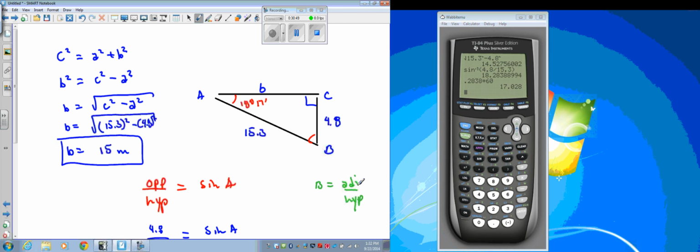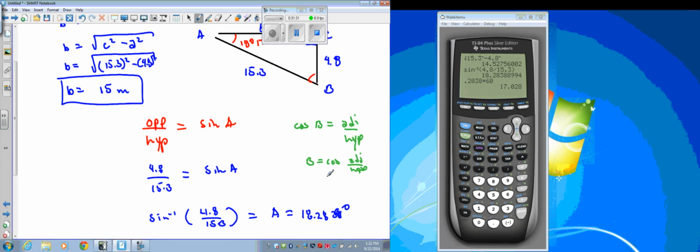Now, what trig function is going to relate the adjacent to the hypotenuse? Cosine. Is that clear? You just have to figure out what it is. So then to find the angle B, I'm going to have to do the cosine inverse of this, right? The angle at B is going to be the cosine inverse of the adjacent over hypotenuse.